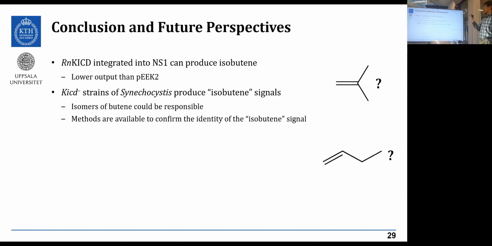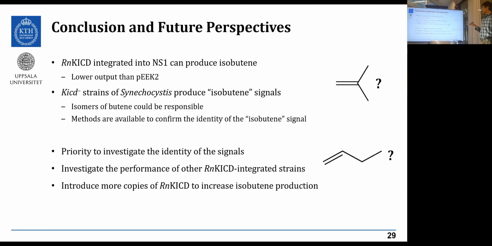And the KICD minus strains of Synechocystis can produce isobutene signals, and isomers of butene could be responsible for this signal. There are methods available to confirm the identity of this signal in future study.